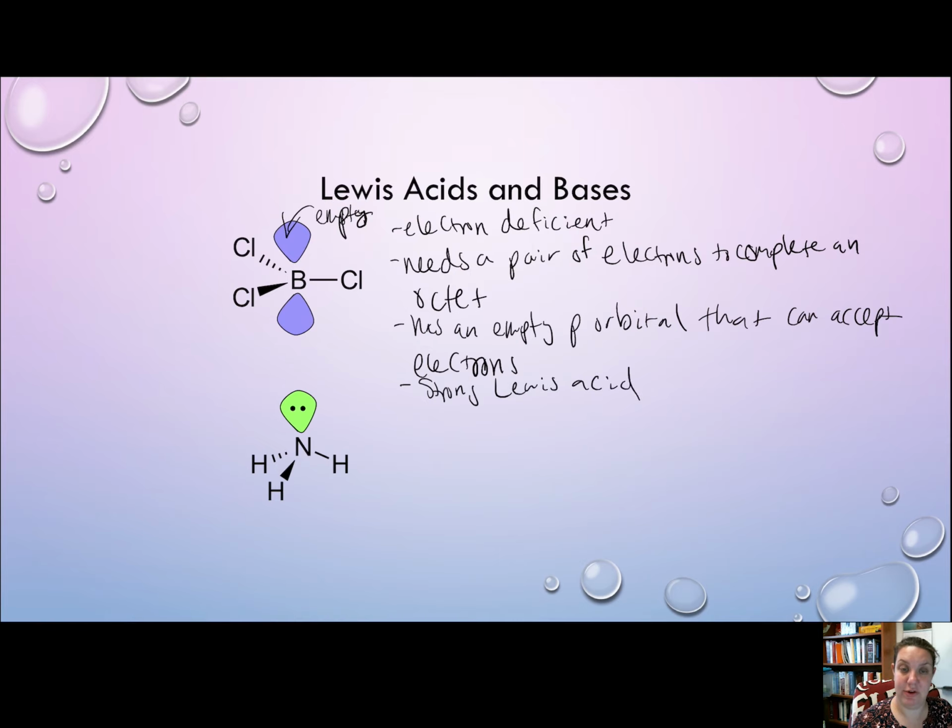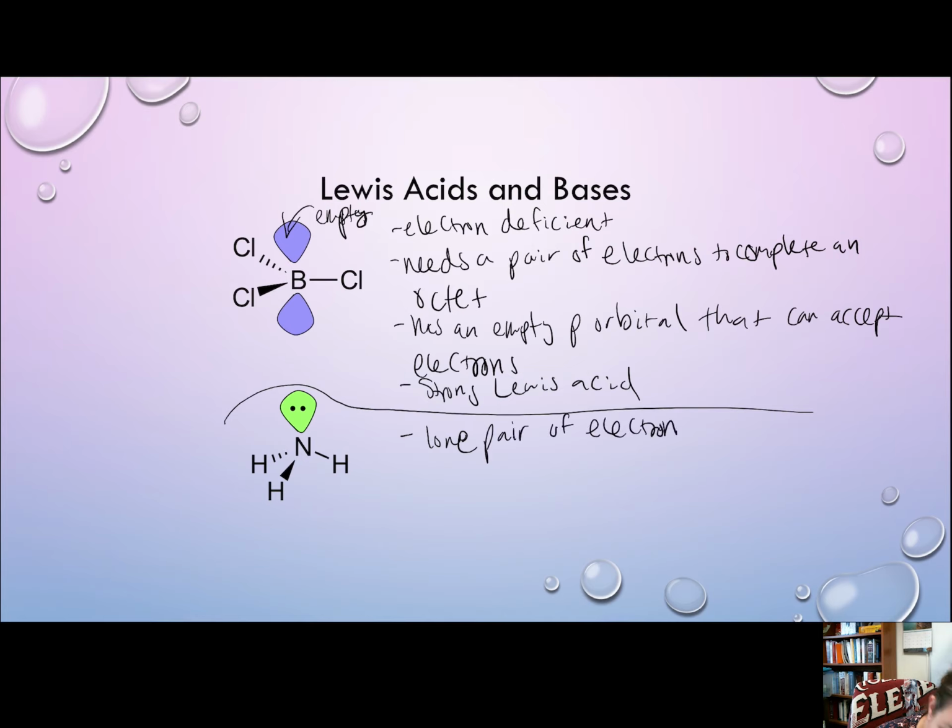We also have Lewis bases. Lewis bases have a lone pair of electrons. Okay. And they're generally in an sp3 orbital. That pair of electrons is going to be on a highly electronegative atom.